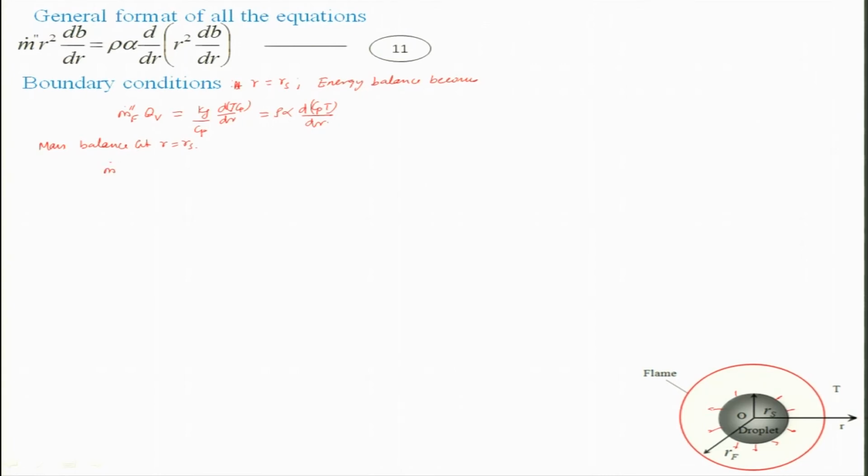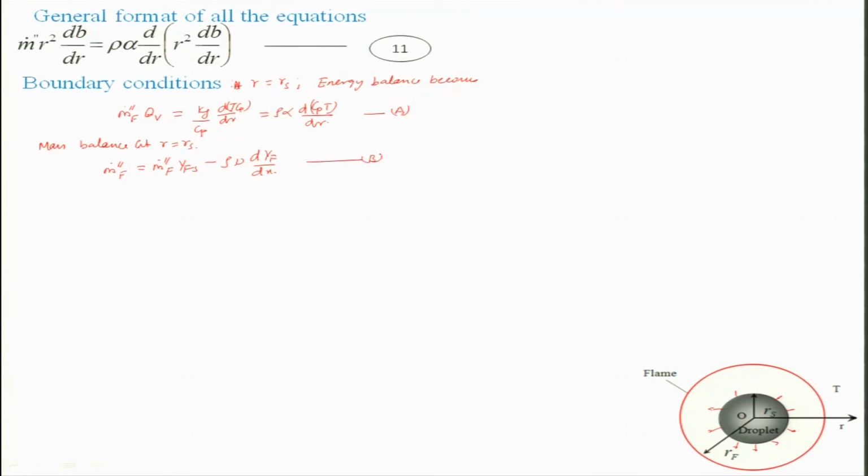Again, this m dot f will be nothing but m dot f y f s minus rho d d y f by dx. This we have already done: this is the bulk term, and this is your diffusion, right. Let us call this equation A, and this is your B equation.